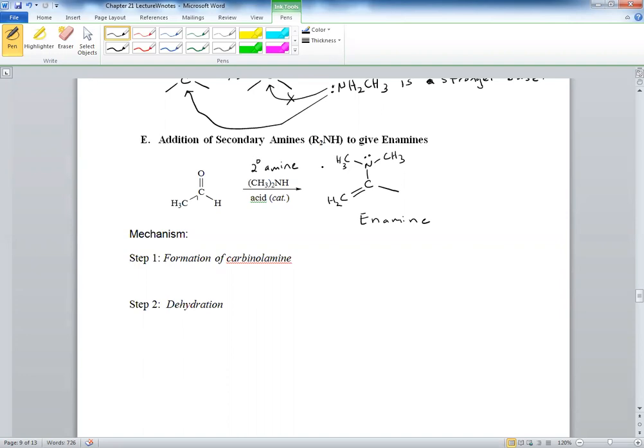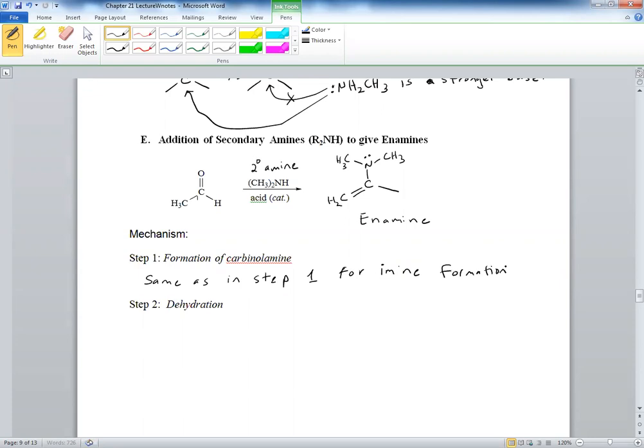So the mechanism is very similar, at first at least. So step one is the same as in step one for imine formation.